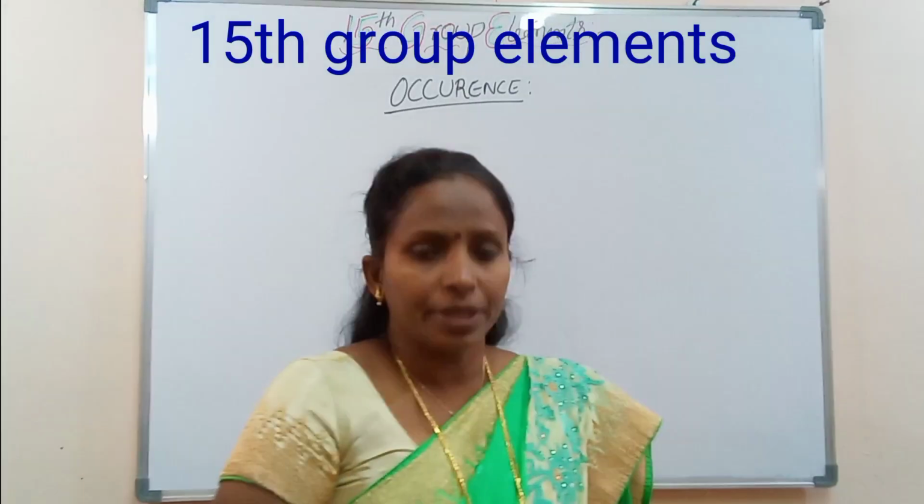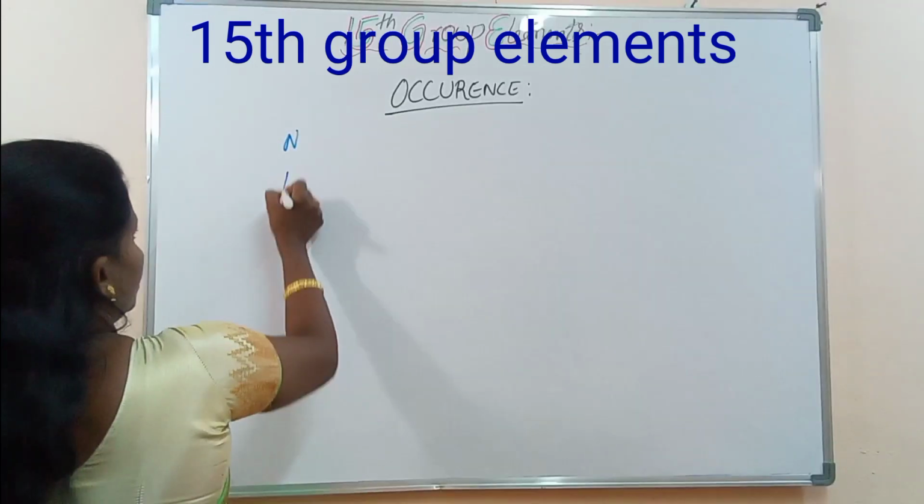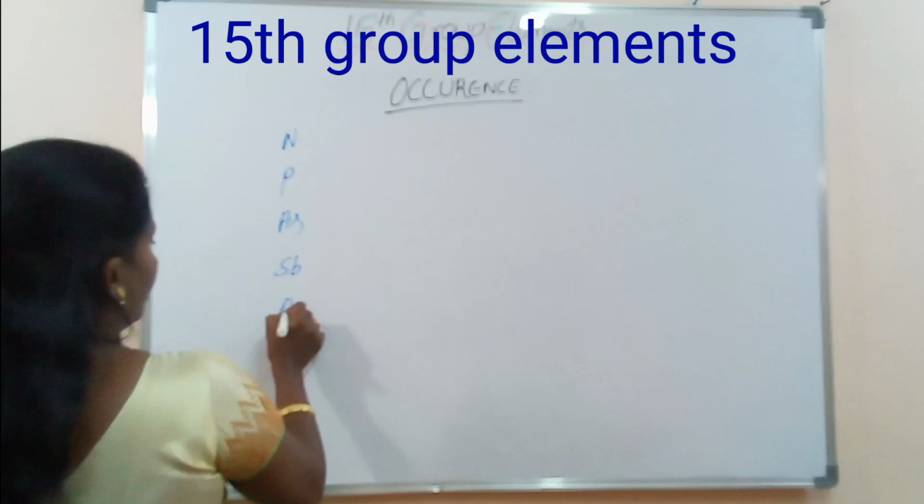Next, the occurrence. The P block elements are nitrogen, phosphorus, arsenic, antimony and bismuth.